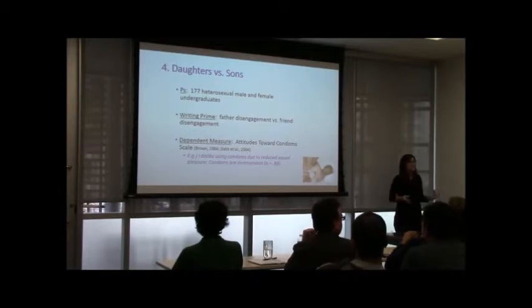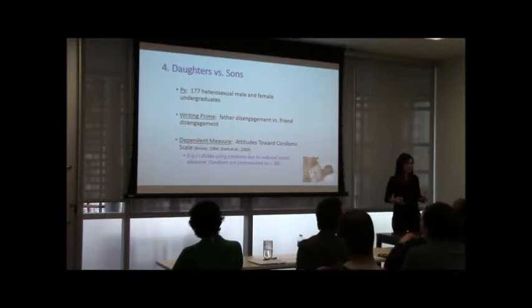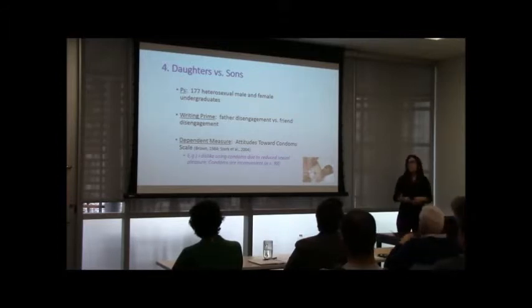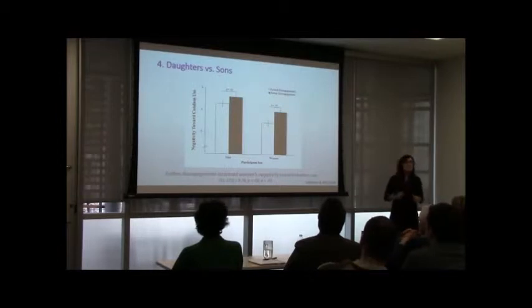So we presented participants with 7 items designed to assess their negativity toward using condoms. So items like, I dislike using condoms due to reduced sexual pleasure, condoms are inconvenient, and participants rated their agreement with these statements. And the results of this experiment revealed 2 separate main effects.